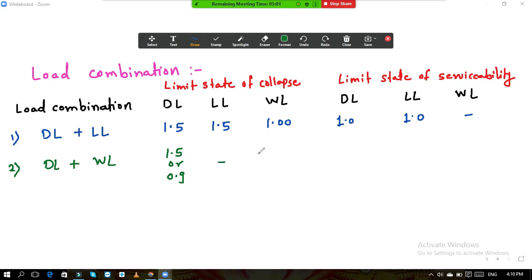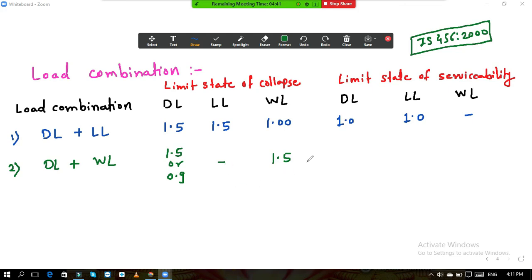Then for live load no factor is given. These are the standard values given by IS 456 2000. You remember this. You will get this table in the IS code, and one paragraph is also given. Read that paragraph.